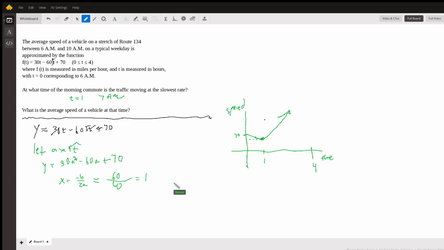So the speed is just y equals, we know that t is 1, so it's going to be 30 minus 60 plus 70. So it's 100 minus 60, so it's going to be 40 miles per hour.